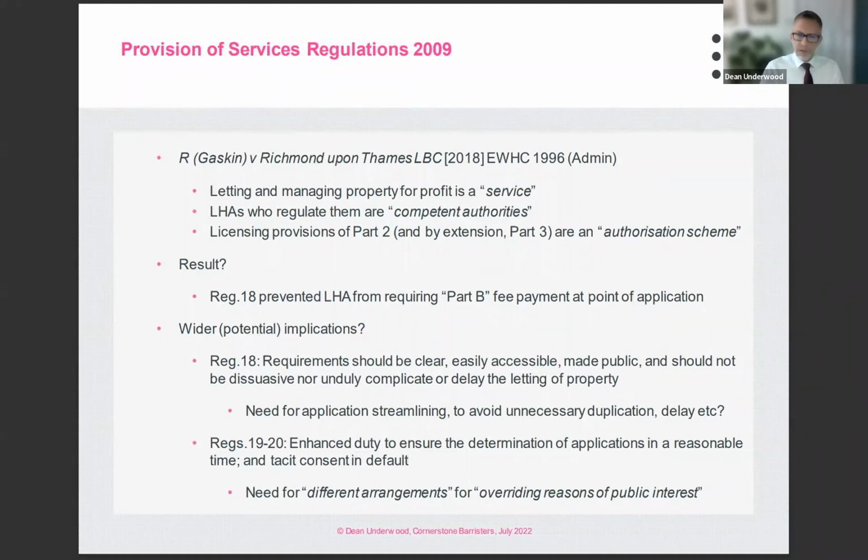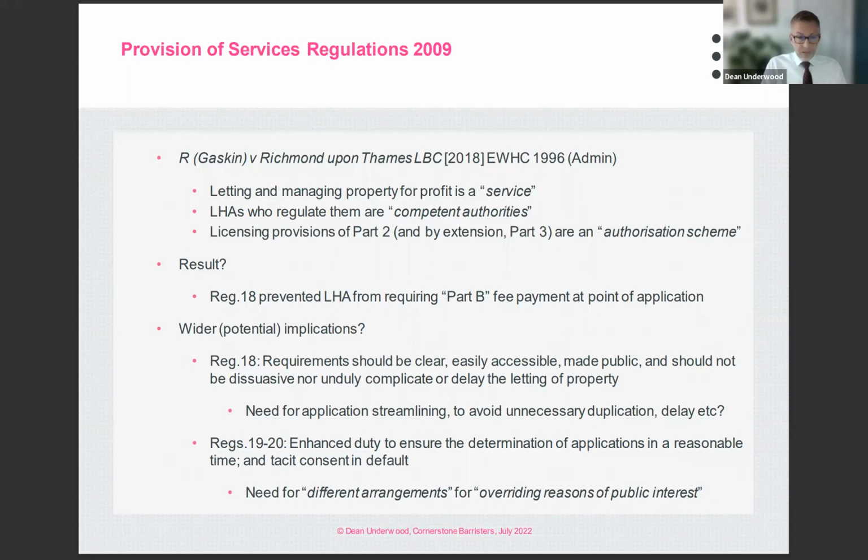Now, that was the limit of the Administrative Court's decision in Gaskin. But query, does the decision have potentially wider implications for local housing authorities? Well, I would suggest so. So by Regulation 18 of the 2009 regulations, the procedures and formalities of an authorization scheme must also be clear.